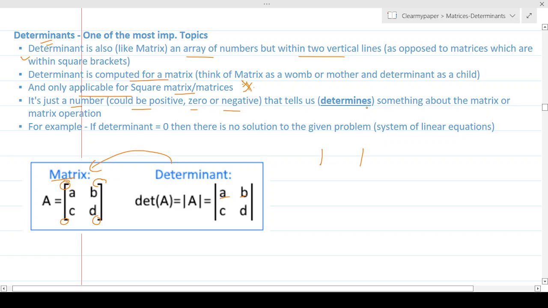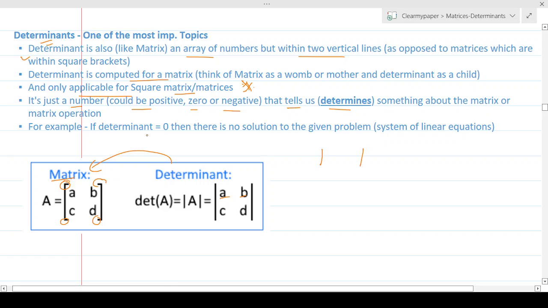For now, just focus that a determinant is a number that, in a way, determines, and hence the name determinant. It determines something about the matrix or the matrix operation itself, whether it's addition, subtraction, or multiplication, specifically the way it's multiplied. It tells something very specific about that.